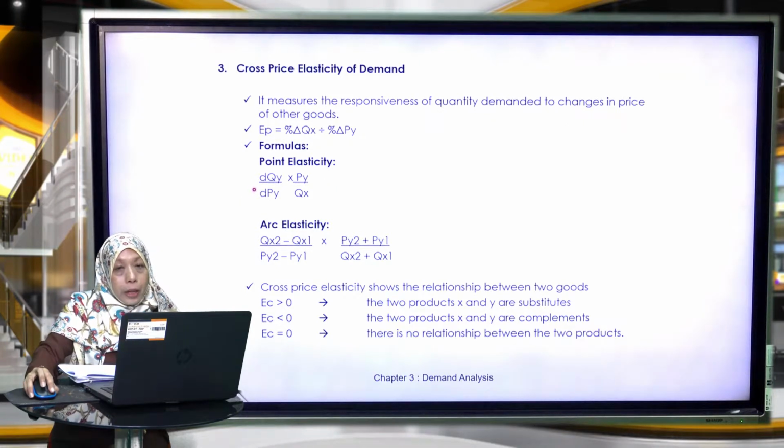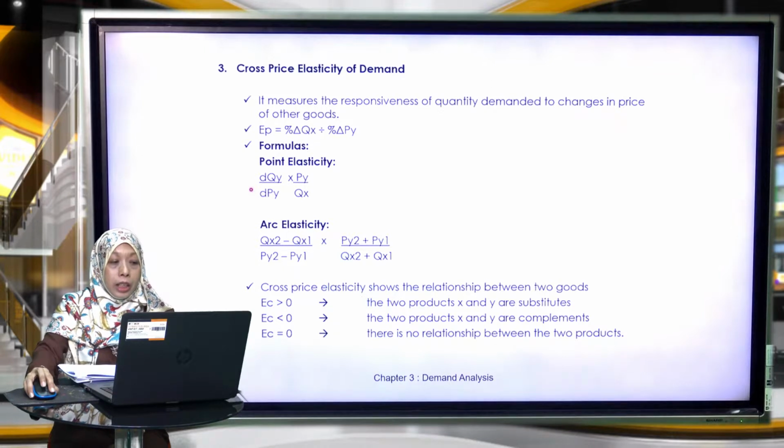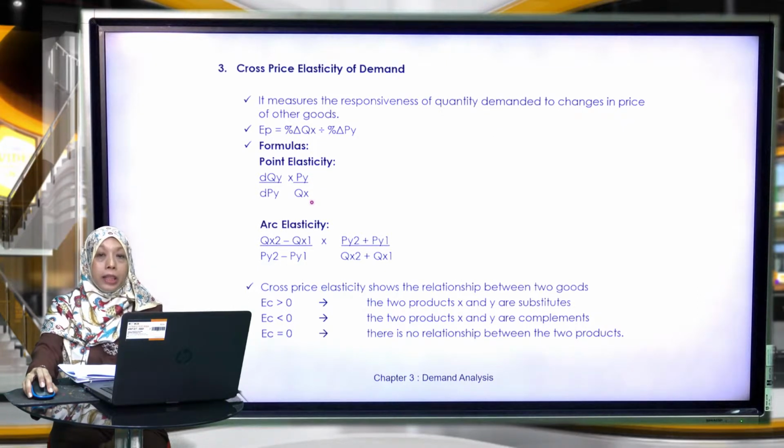If you look at this point elasticity formula, you are required to differentiate your demand function with respect to the price of good Y, multiply by the price of good Y, and then divide it by the quantity of good X. Now, when you calculate your cross price elasticity of demand, you can get a positive value, a negative value, or simply a value equal to 0.